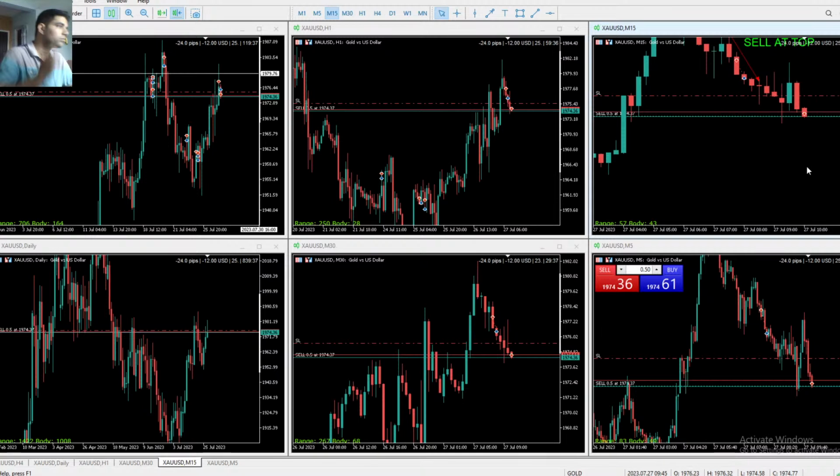Price is too volatile, so it's risky. Okay guys, it's still a risky trade. So we are not aiming for many pips, we are just aiming for the usual 10 to 12 pips.